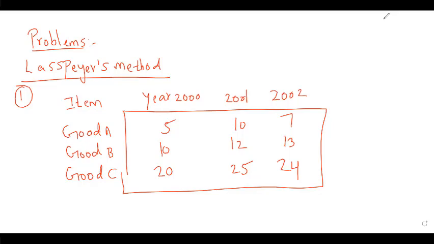Next step, what I need to do is write the index. That means I need to consider the base year. For example, here year 2000 is the base year. This is the starting, so this is the base year. Compared to year 2000, how much did 2001 increase or decrease?